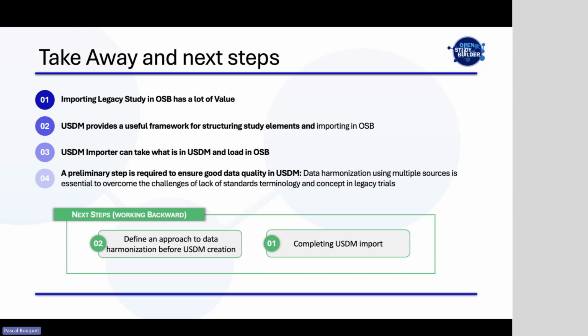It's hard to really bring all this information together and to have a semantic agent so that you can find a SNOMED term, any concept term, and bring that as close as possible to the closest standard, so that we have a USDM of good quality that we can import. So those are the next steps we see once we have completed this USDM import.